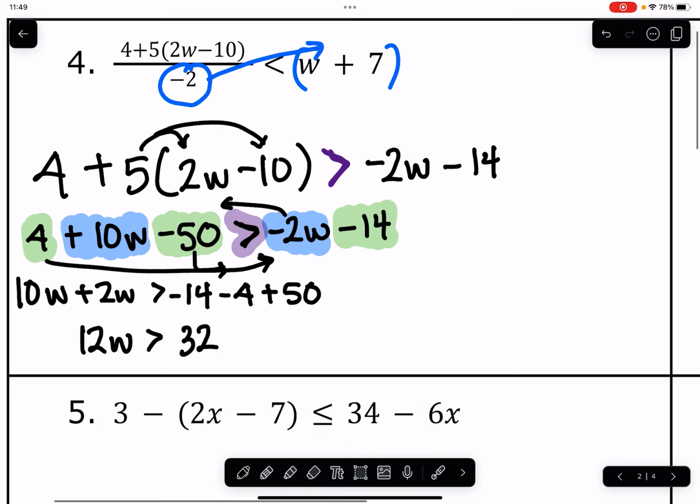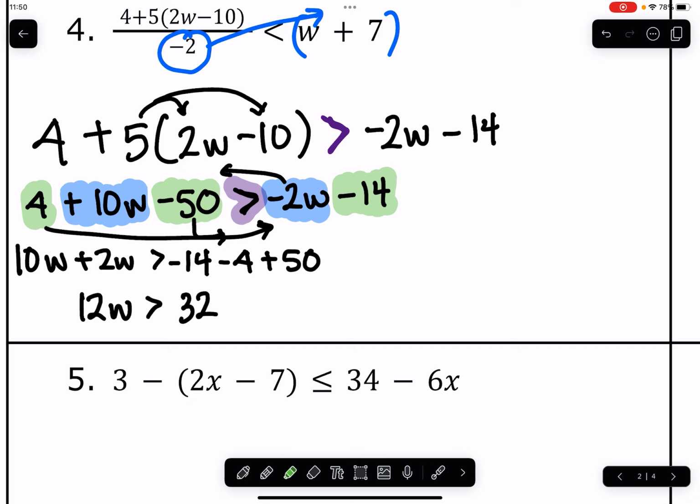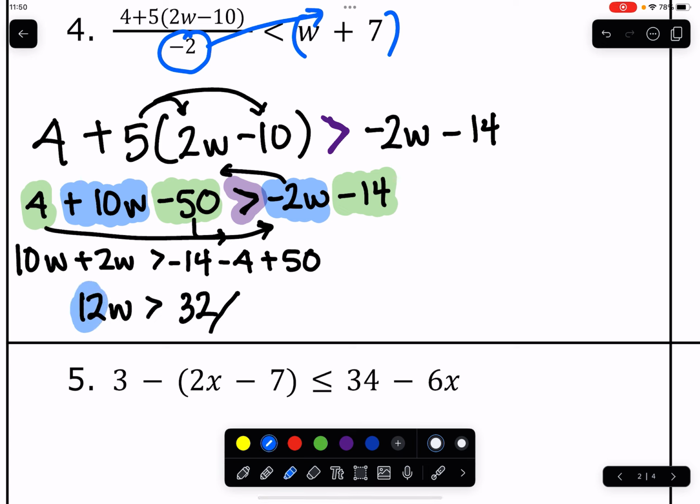So now this 32 will be divided by this positive 12. So our inequality is not going to switch direction. So our W is going to be, the 12W is not going to be just 12.